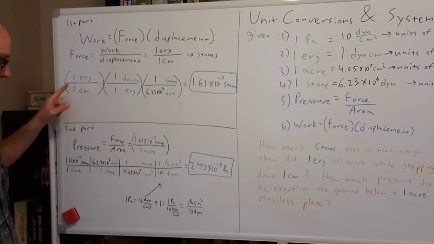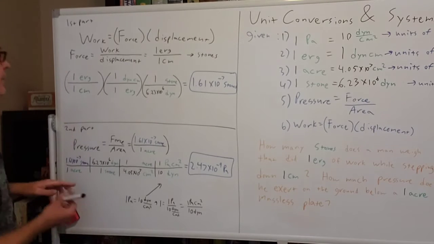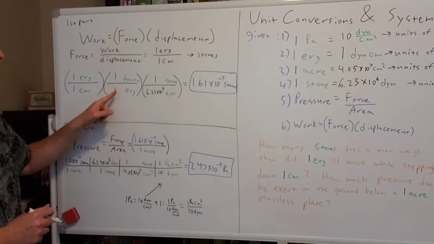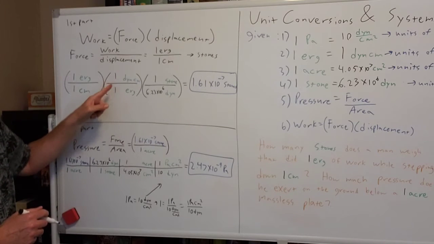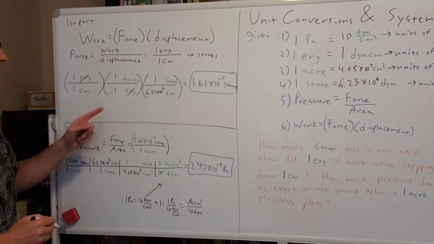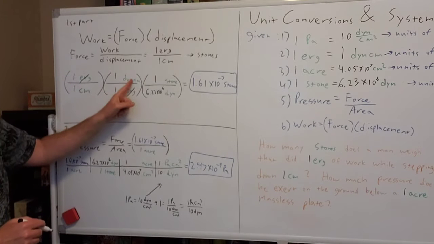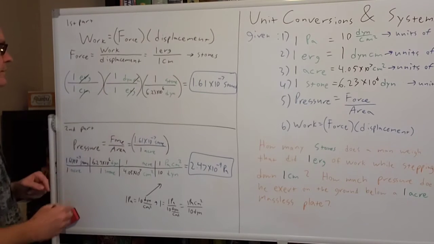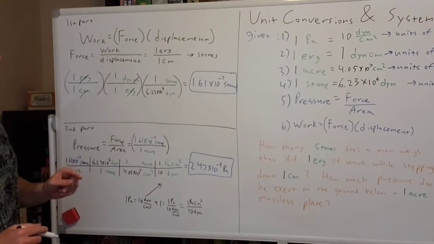To get rid of the ergs, I will use the equation that 1 erg is equal to 1 dyne centimeter. So that will get rid of my ergs, leaving behind dyne centimeter per centimeter. That gets rid of the centimeters. So all I have is dynes left.